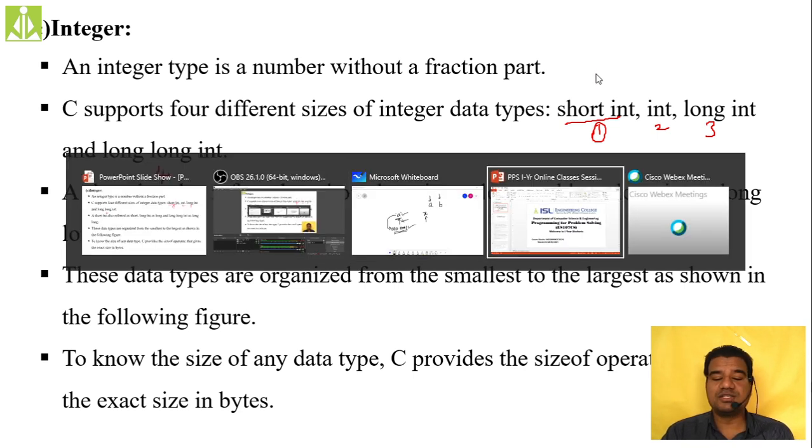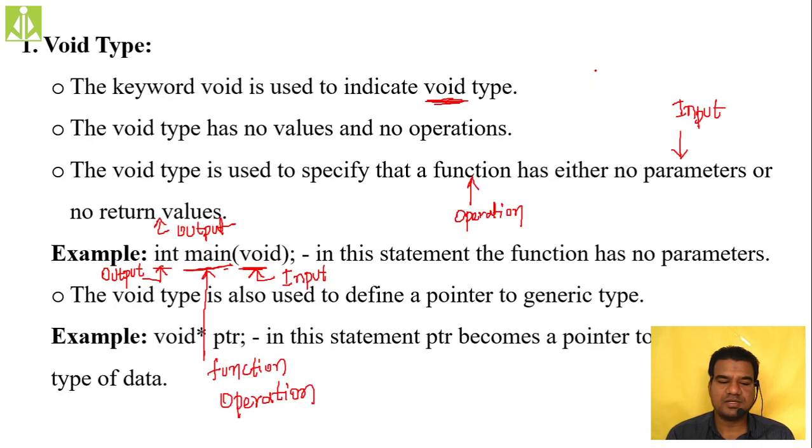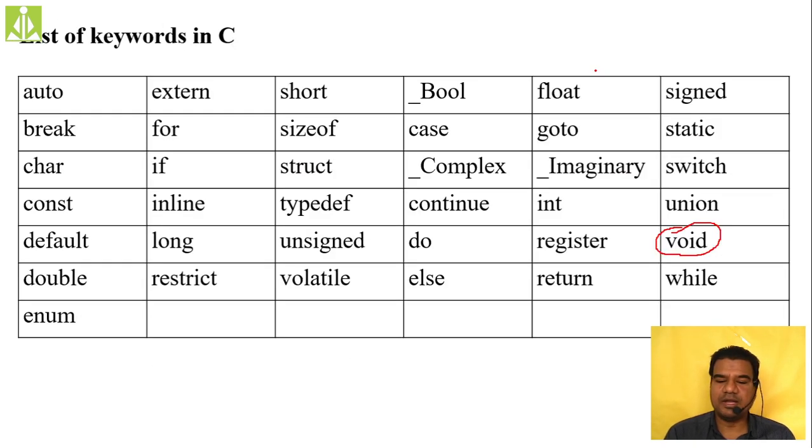See how many keywords we have completed so far. Just go to the keywords. Already we completed void. Then we have also completed char. We discussed to create a character variable, we are using char. Now we are discussing int, and we are also discussing long, and short.